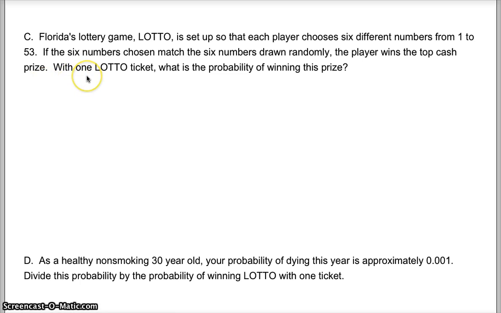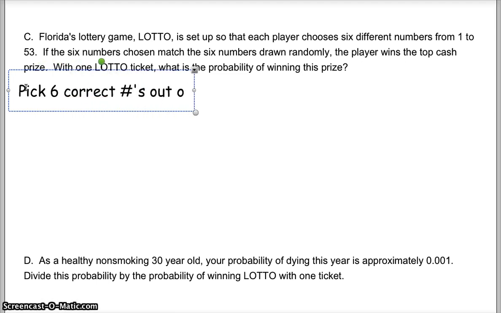With 1 lotto ticket, what is the probability of winning this prize? So let's interpret what we're being asked to find here. We have to pick 6 correct numbers out of 53 numbers.